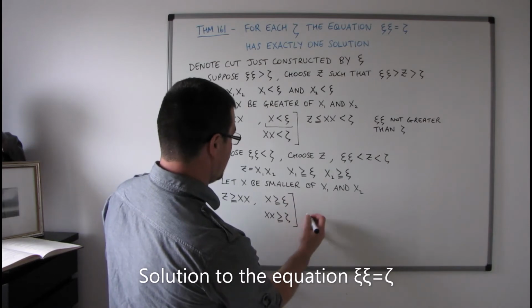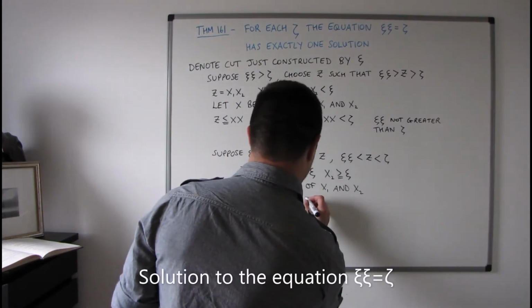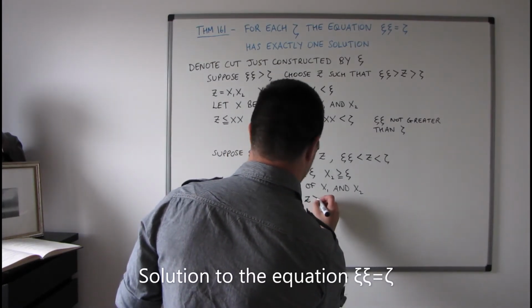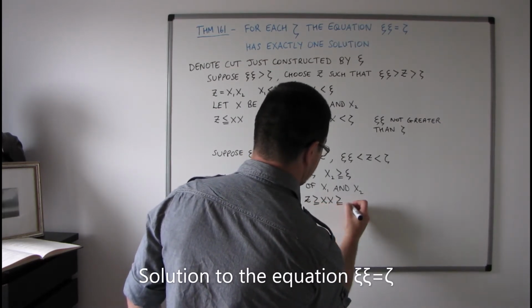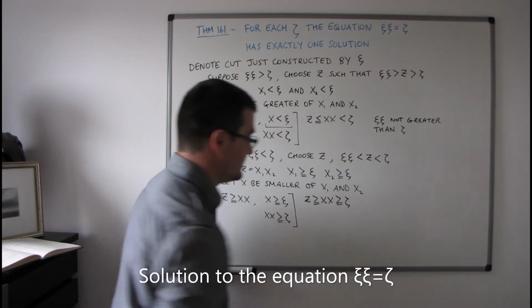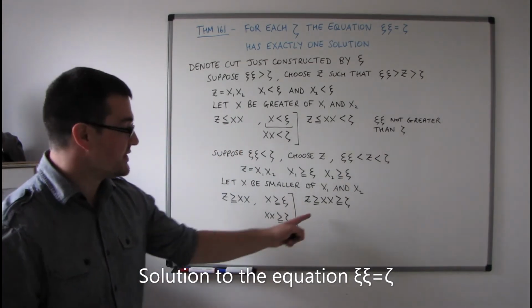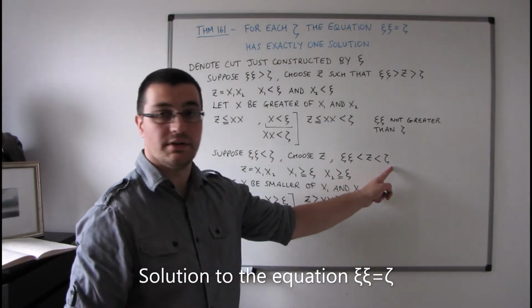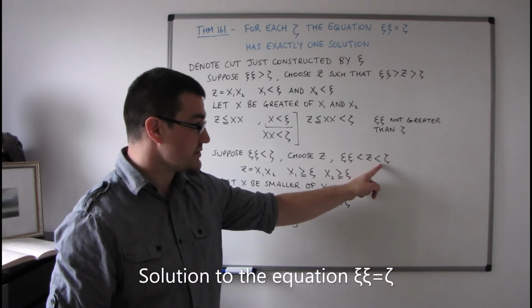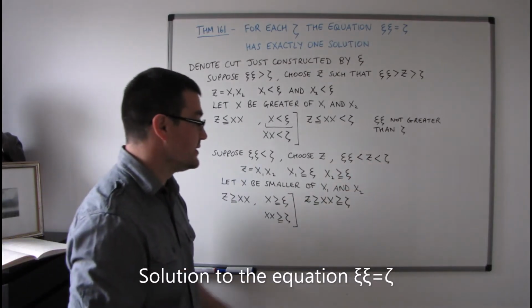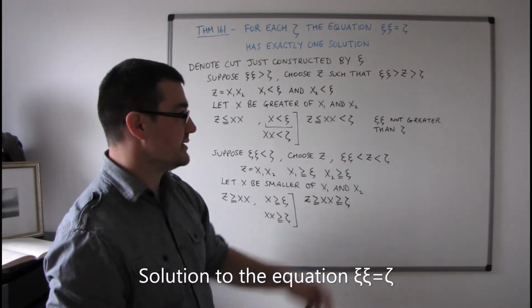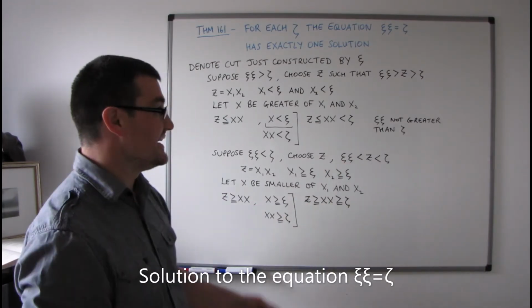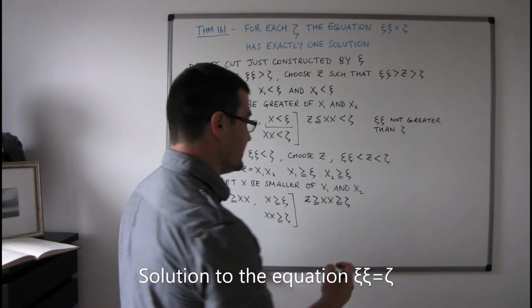So therefore we get that z is greater than or equal to x times x is greater than or equal to zeta, which is a contradiction to what we've got here. Z was chosen to be less than zeta. So the final conclusion here then is that xi times xi is not less than zeta.